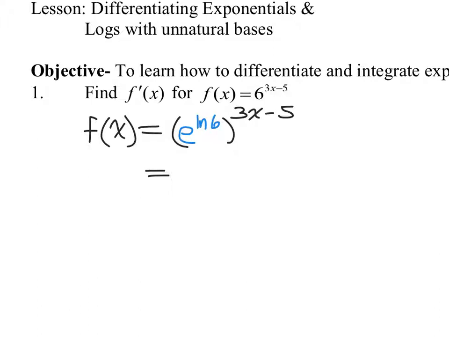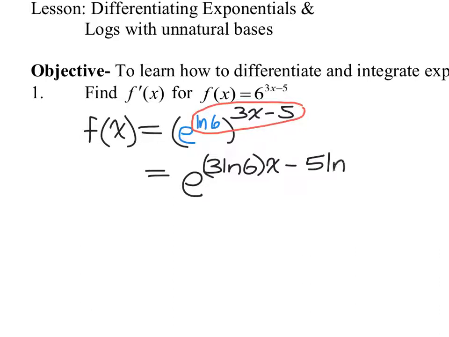Anyway, multiply your exponents, at least in the early goings. e to the 3 ln 6 times x minus 5 ln 6. So that's what f of x is equivalent to with a base e.